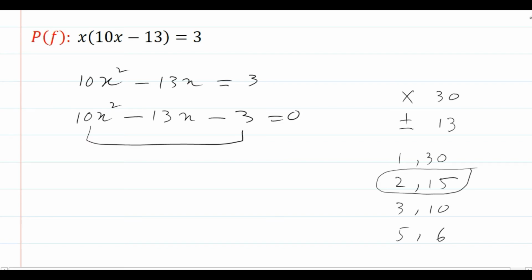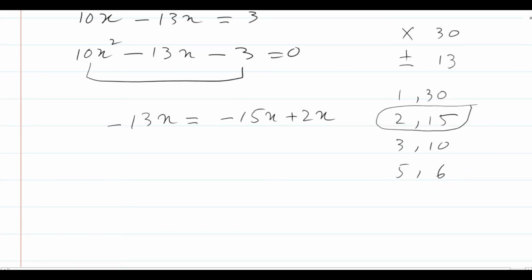So you can replace minus 13x with minus 15x plus 2x. Let's see the changes. 10x square minus 15x plus 2x minus 3 equal to 0.